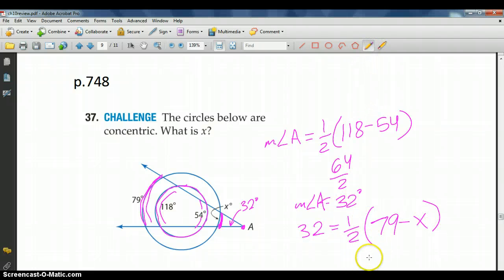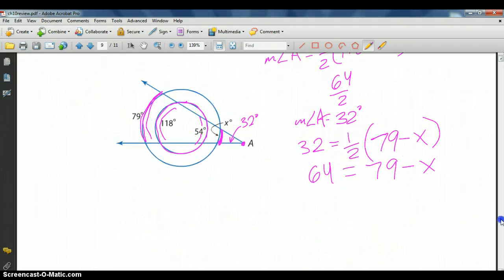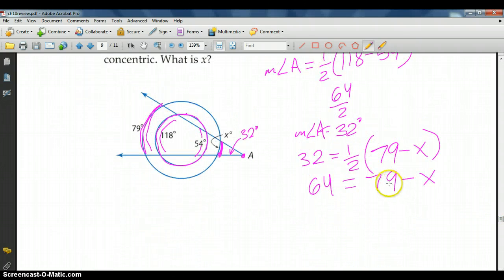So if I multiply both sides by 2, I would get 64 is equal to 79 minus x. So subtract 79 from both sides, we get negative 15 equals negative x, and therefore x is equal to positive 15.